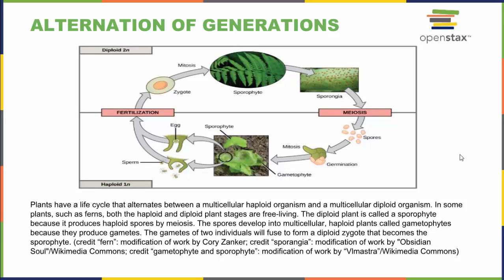The benefits of reproducing with this haploid and diploid phase is that you can increase your genetic variation, because anytime you have sperm and egg, these haploid gametes that meet together, you're mixing genetic material from 2 completely different individuals.